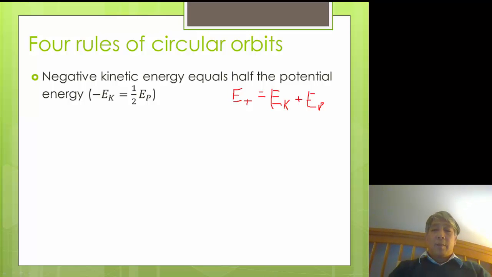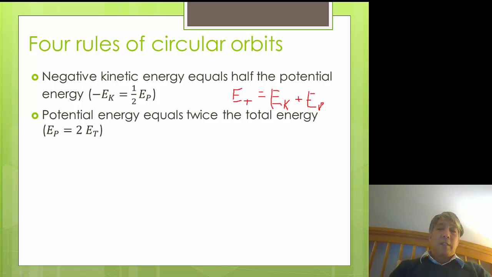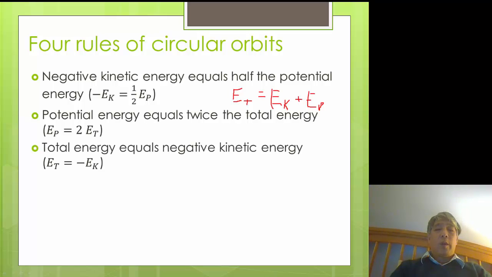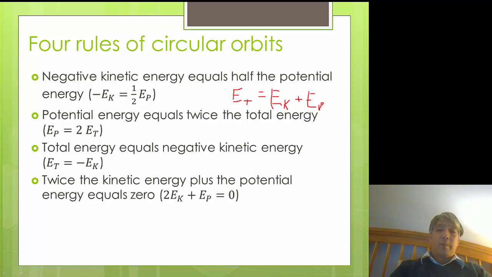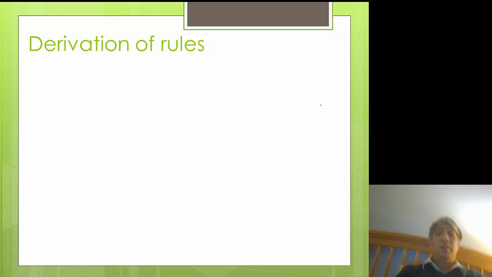Combining that, if I stick minus EK in the formula I just wrote and multiply both sides by 2, I find that my potential energy is also equal to twice my total energy. A third way: total energy is equal to your negative kinetic energy. And the fourth way says twice the kinetic energy plus the potential energy equals 0. This is true for any circular orbit. The derivation for the first one is going to be here.